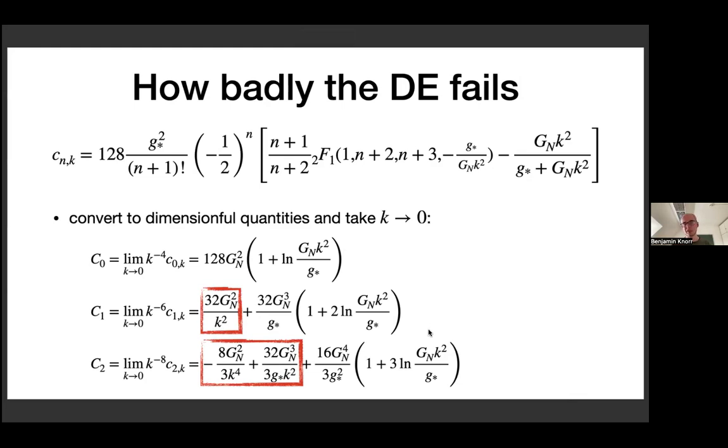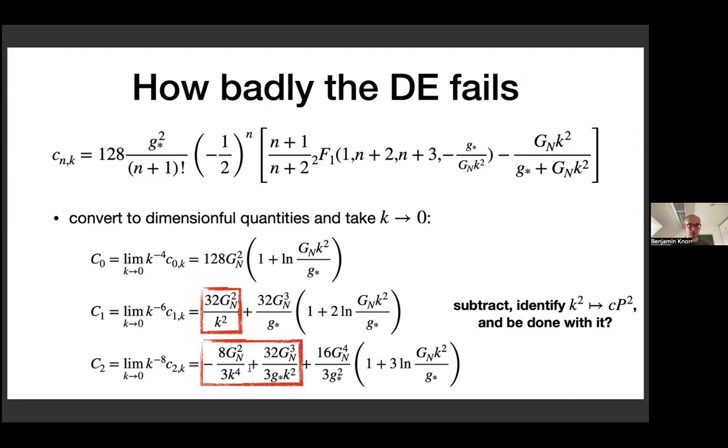So let's maybe entertain the idea that we can just subtract these terms that we really do not want, and that, by the way, also have the wrong power of Newton's coupling, right? C0 should have G squared, C1 should have G cubed, and so on.